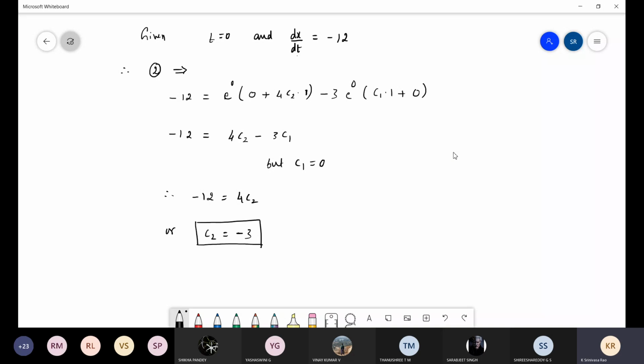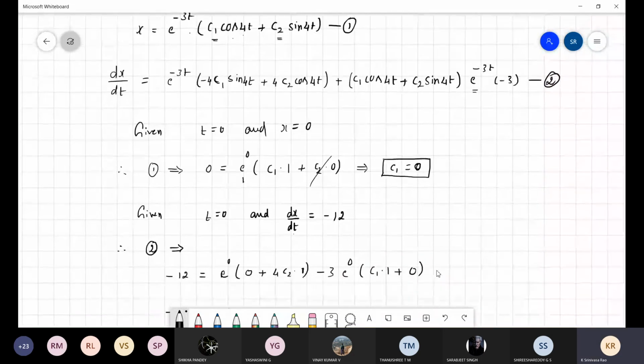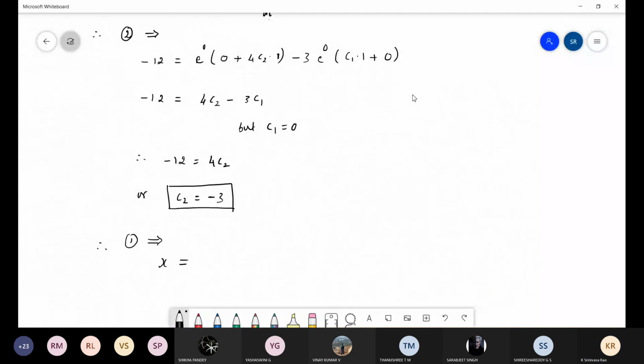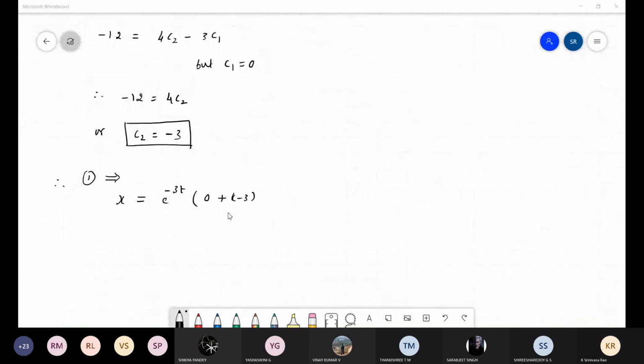Now substitute C1, C2 in our equation 1. That is our main solution, actually. X equals, what is equation 1? E power minus 3t into, C1 is 0, so no need to write anything, plus C2 is minus 3, minus 3 into sin 4t.